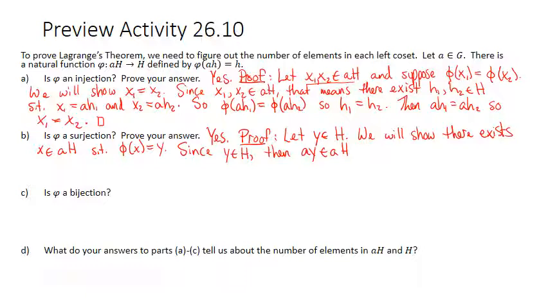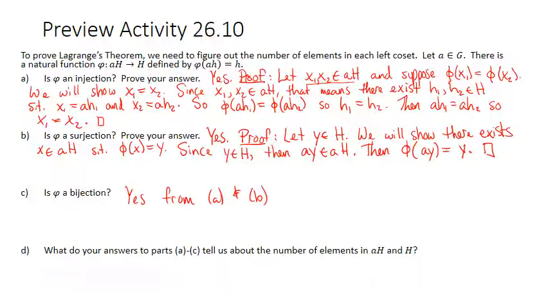So AY is definitely in AH, and then we just directly get, when we plug AY into the phi function, that just gives us y. Okay, so this is pretty easy. So that AY thing, that is your x. Okay. All right, so we did part A and part B. We showed it's an injection and a surjection. So yes, from part A and part B.